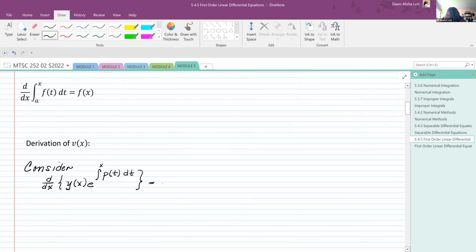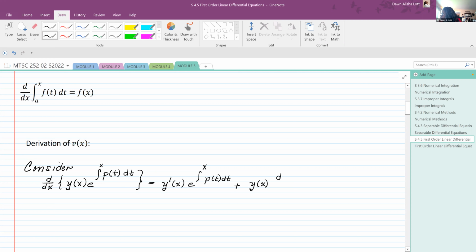So by the product rule, the derivative is y prime times the second, which is e to the integral to x of p of t dt, plus the first, which is y. And then the derivative of the second: whenever you take the derivative of an exponential function of u, remember you have to multiply by the derivative of the exponent.